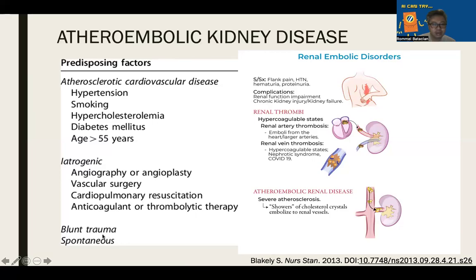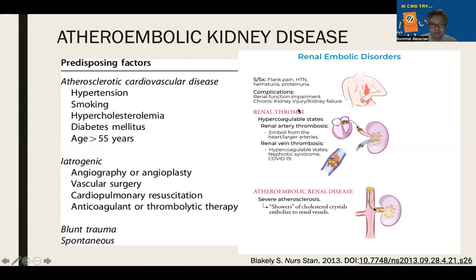Blunt trauma, again, in hazing cases, can also lead to thrombi formation, which could be dislodged, migrate and embolize to those blood vessels also. They would present with flank pain, elevated blood pressure, hematuria, and proteinuria, and definitely would lead to acute kidney injury.